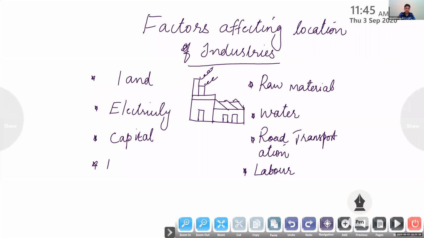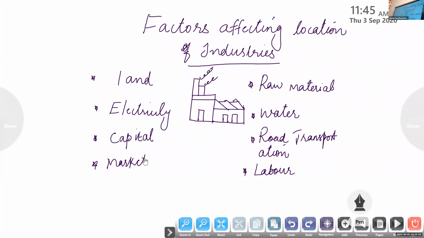We need a market to sell our product, right? If we are not able to find a good market, our production will be wasted. So we need a proper market to sell our finished goods or finished products, right?